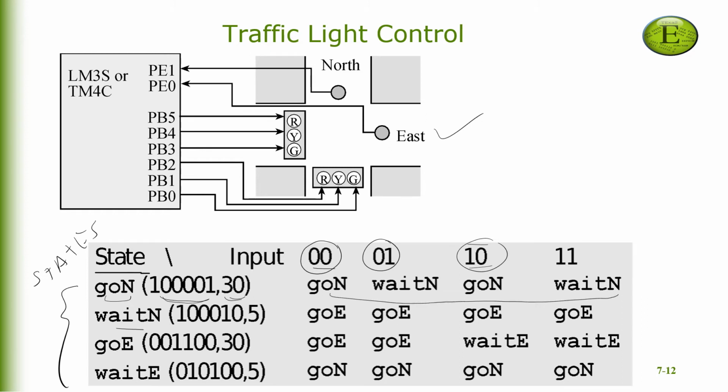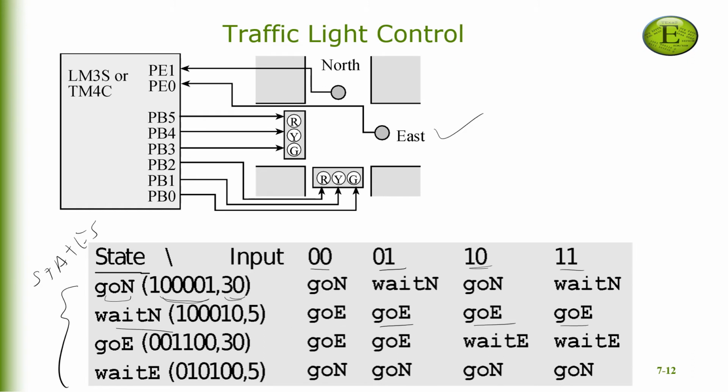Same goes for wait n, but in case of wait n, you necessarily transition to the go east state regardless of the input. So the input really doesn't matter in this case, but for the sake of consistency, we say that whether the input is 00, 01, 10, or 11, the next state of wait n is always going to be go e.